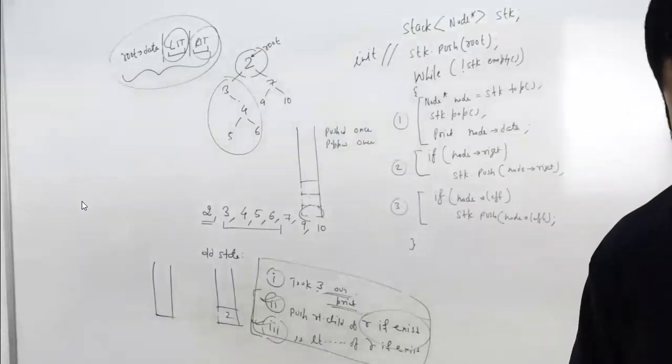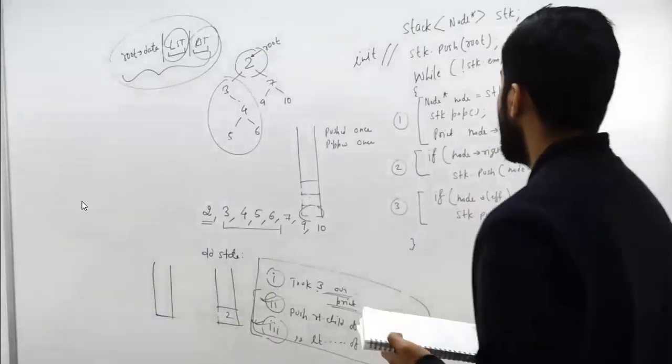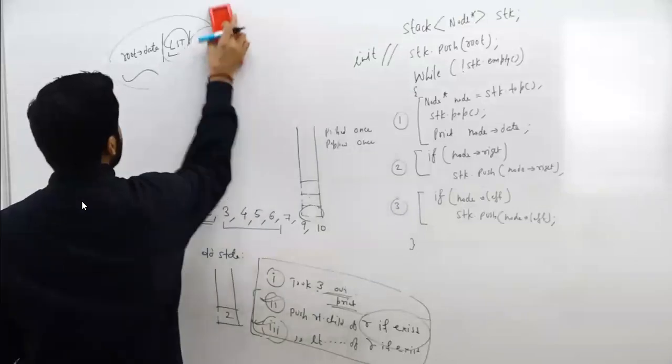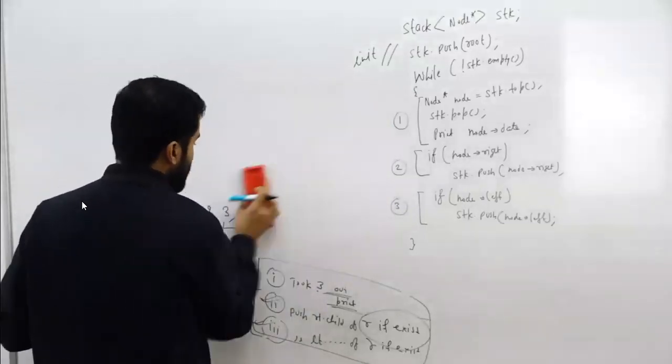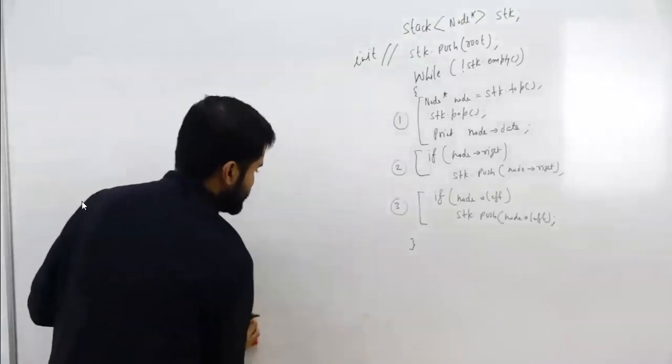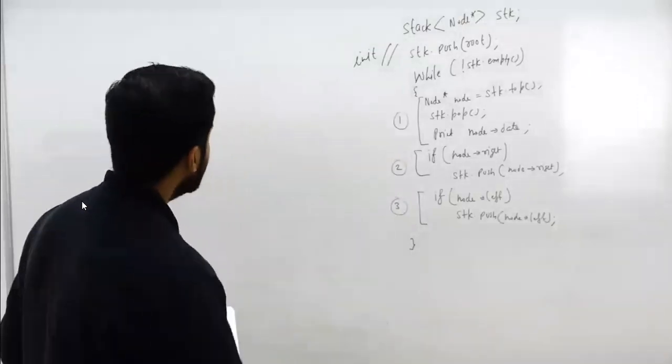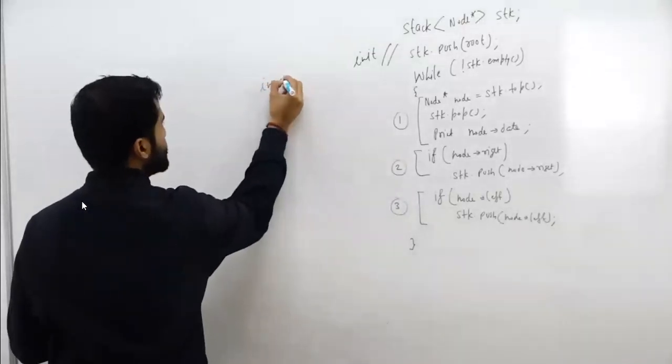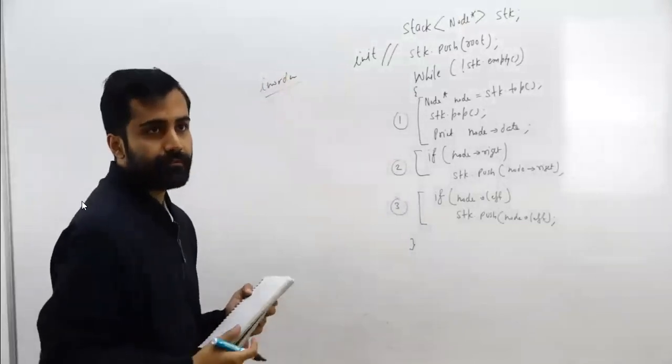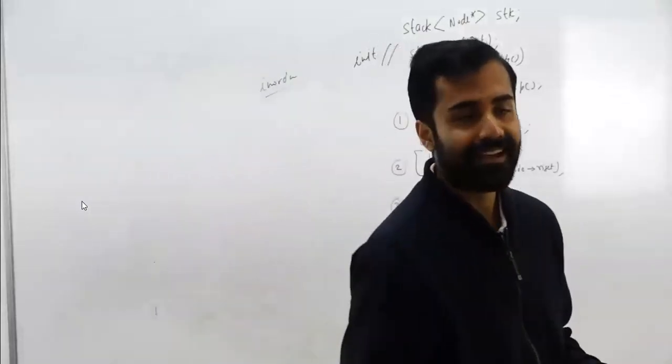Cool. So let's move to the iterative form of in-order traversal. So we want to perform in-order without recursion. So of course you have to use a stack again, but can you do that? How many of you can now perform iterative in order, given that I have already taught you iterative pre-order?